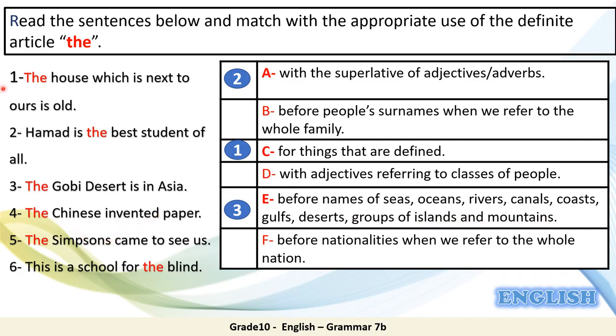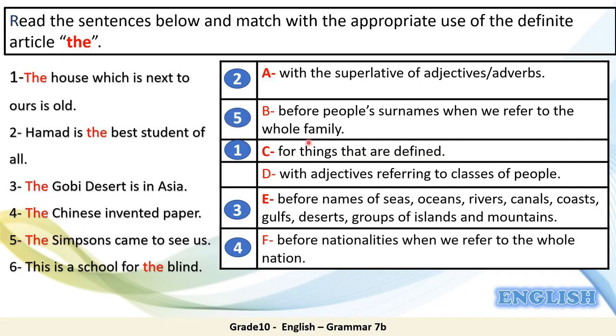Then, the Chinese invented paper. So what is the use of the here? That's correct. Before nationalities, when we refer to the whole nation. The Simpsons came to see us. So, what does it refer to here? Or what is the use of the here?